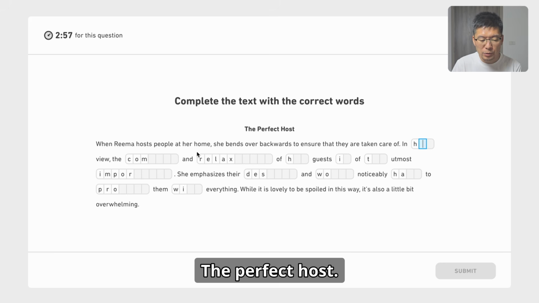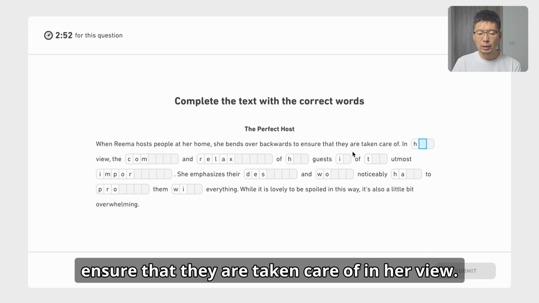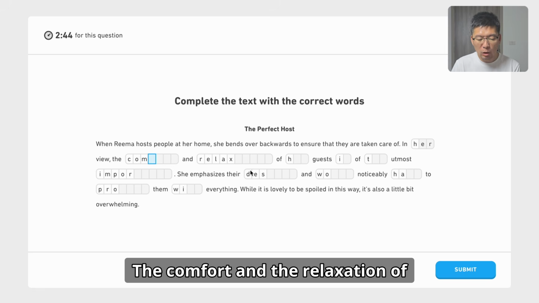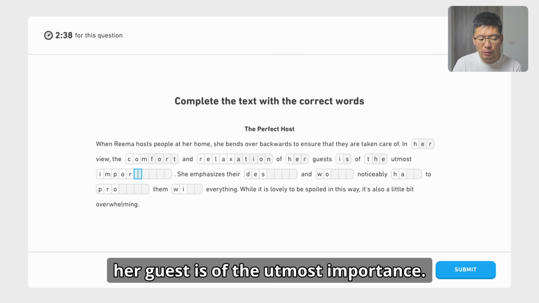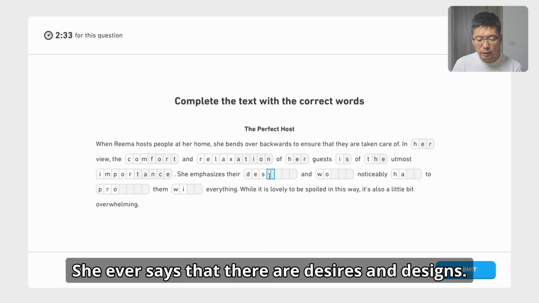Okay, the perfect host. Hosts people at home. He bends over backwards to ensure that they are taken care of in her view, her, right, or her room, her view. The comfort and the relaxation of her guests is of the utmost importance. She emphasizes their desires and designs.